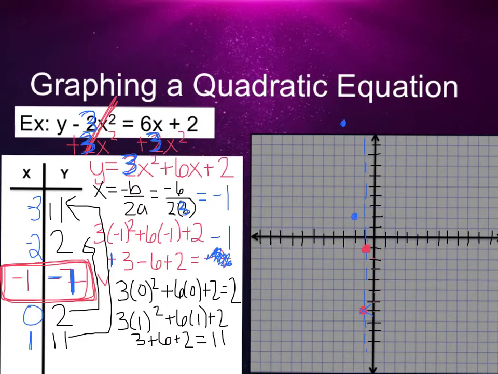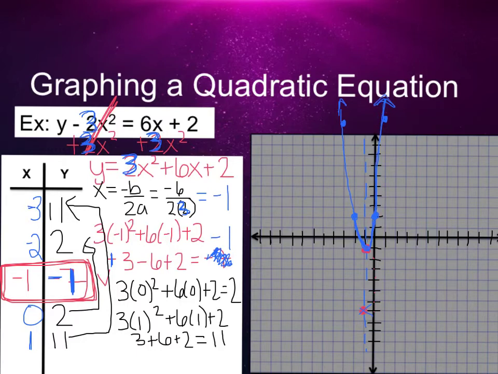And then we have 0, 2. And we have 1 and 11 right up here. Okay, that makes a lot more sense. If our vertex was already down all the way at the end of the graph like we had it before, that would have been very weird. Okay, there we go. That creates our parabola.